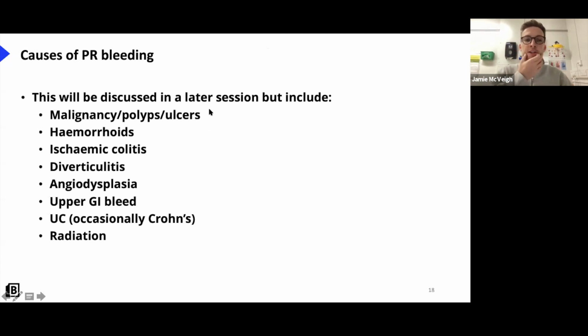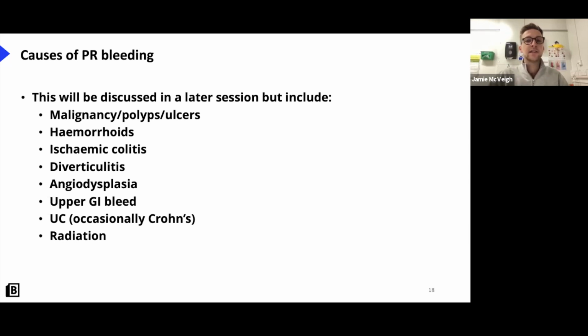The concerning one long term is malignancy, and then thinking about polyps and ulcers alongside that. Hemorrhoids cause fresh red blood, typically not a lot, but an amount of fresh red blood that's visible in the bowl or on toilet paper. Ischemic colitis can produce a lot of blood, and quite often it's mixed in with stool and goes hand in hand with a severe episode of diarrhea and abdominal pain.